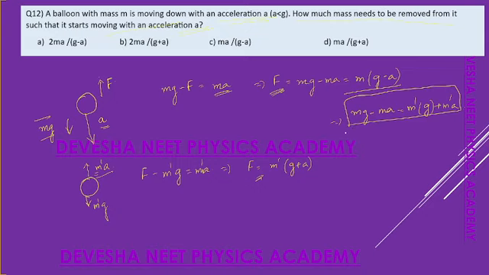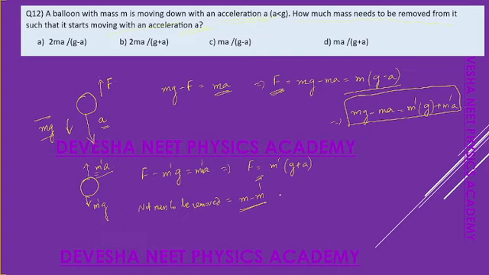So the question is, how much mass has to be taken out from here, right? What is the net mass to be taken out? Net mass to be removed is equal to m minus m dash, right?